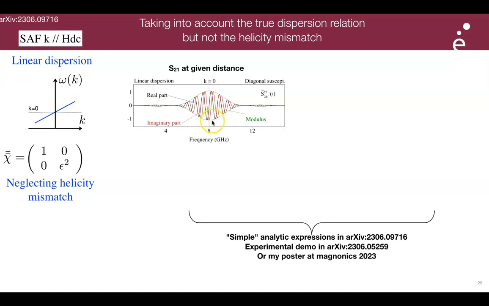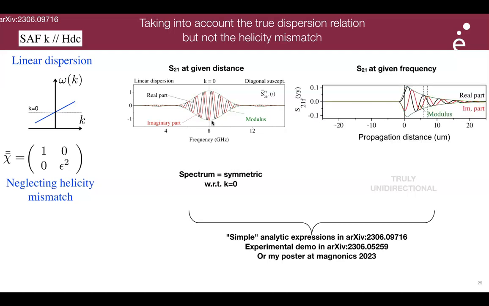But in contrast, if you look at the spatial contrast, so you look at the transmission coefficient versus the propagation distance, then you see that because the group velocity is always pointing to the right, this kind of spin wave can only transmit energy to the right side.